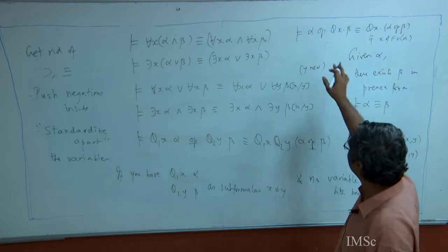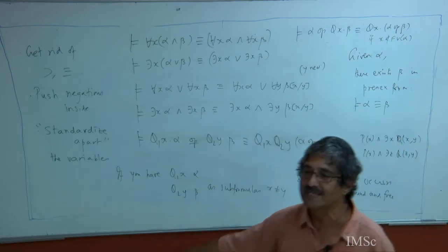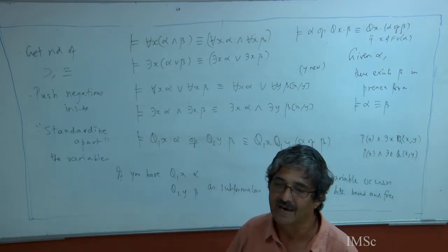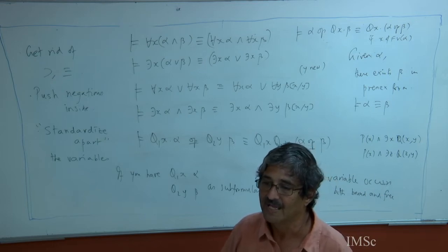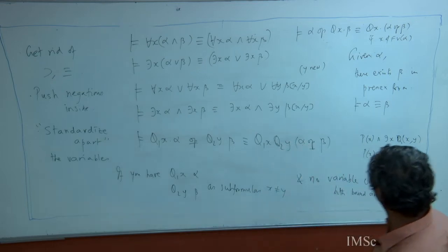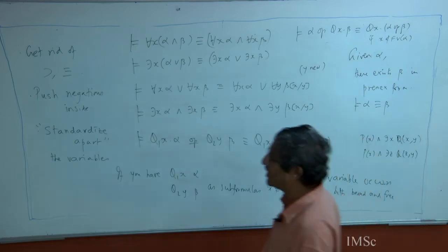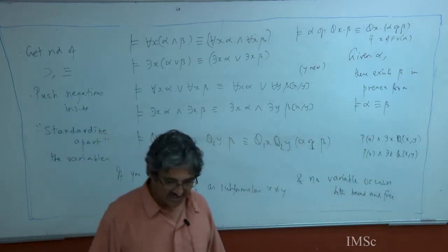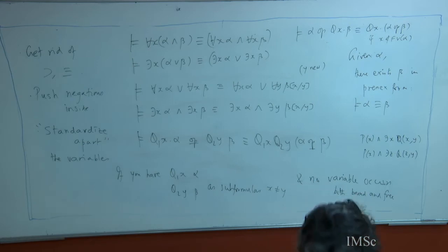So all this says that you can just keep doing this again and again and you can get it in Prenex form. So it's very convenient to then consider your formulas to be always in the Prenex form. This is one thing to make use of.